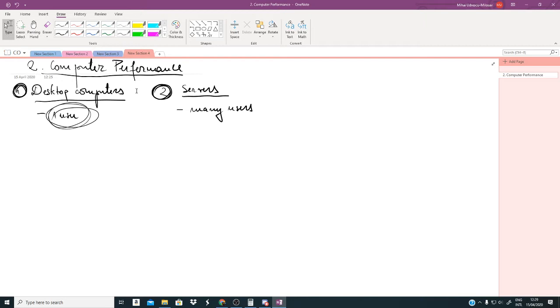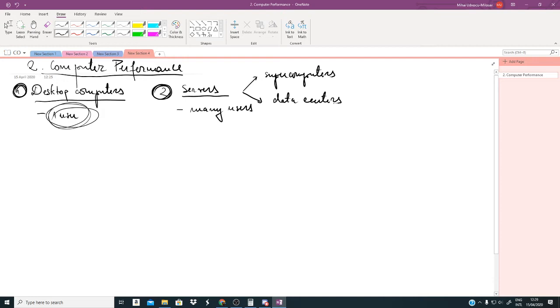Now we are talking about, yeah, we are still talking about supercomputers, but we are also talking about data centers.